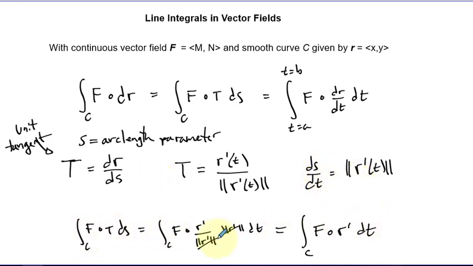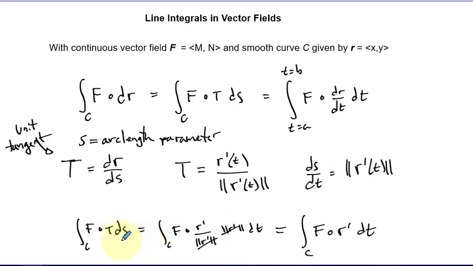So it's down here that I worked out the second equality, to go from F dot T integrated with respect to the arc length. I'm going to replace the unit tangent vector with this r prime over magnitude r prime, and I'm going to replace the ds with the speed times the differential in t. Just multiply the differential in t over on this side, and you have an expression for the differential in s.